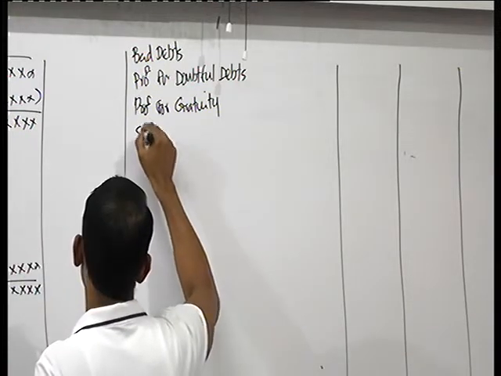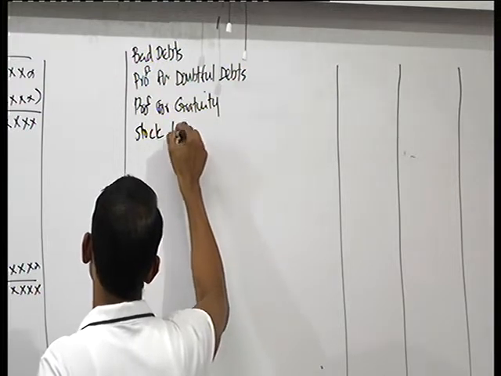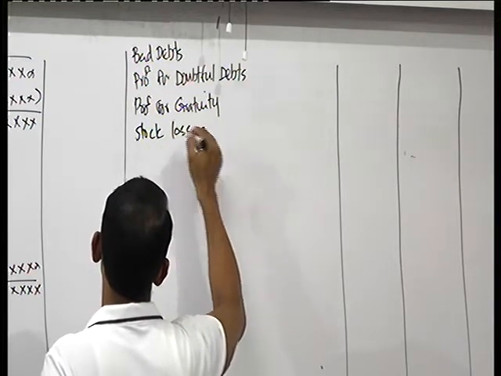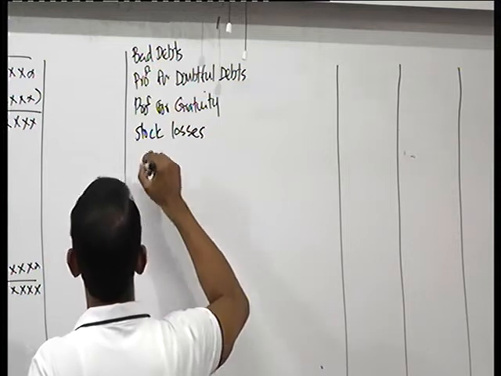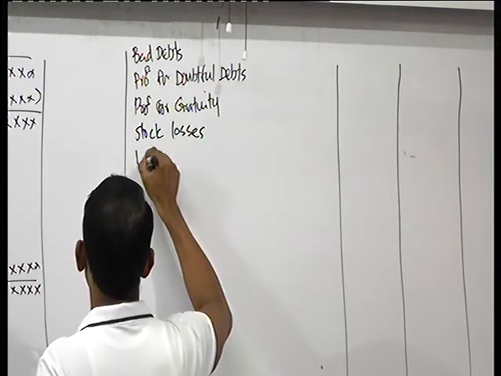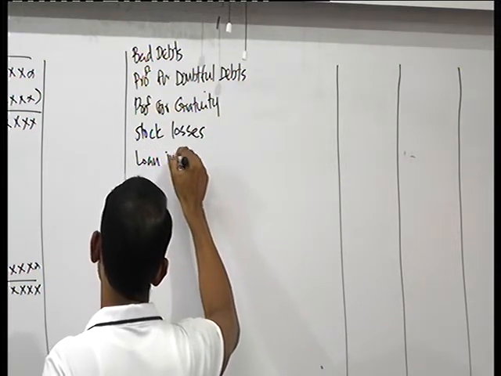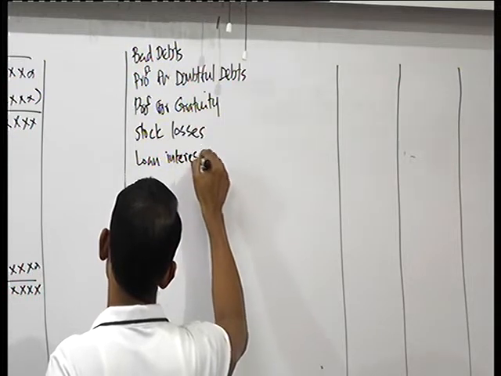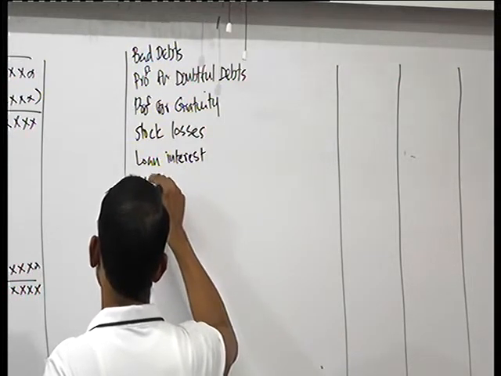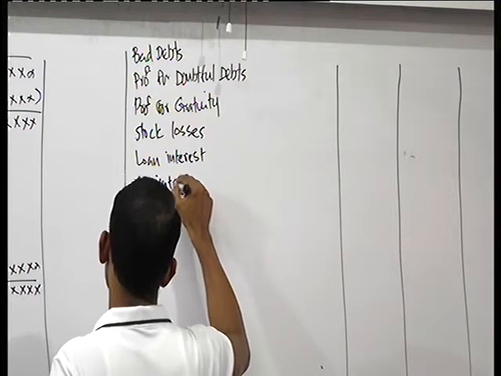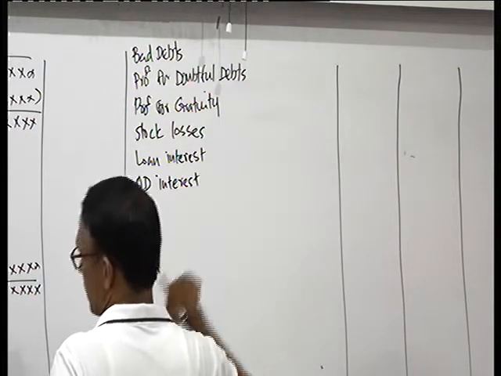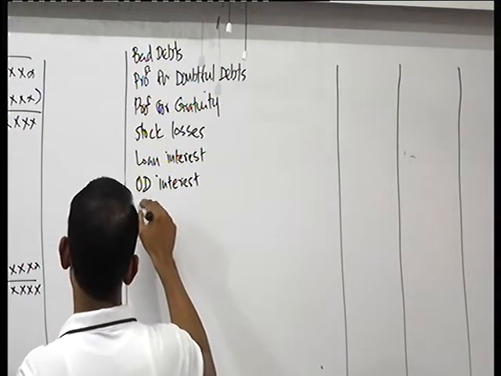So stock losses, and then loan interest, OD interest. There may be bank charges.